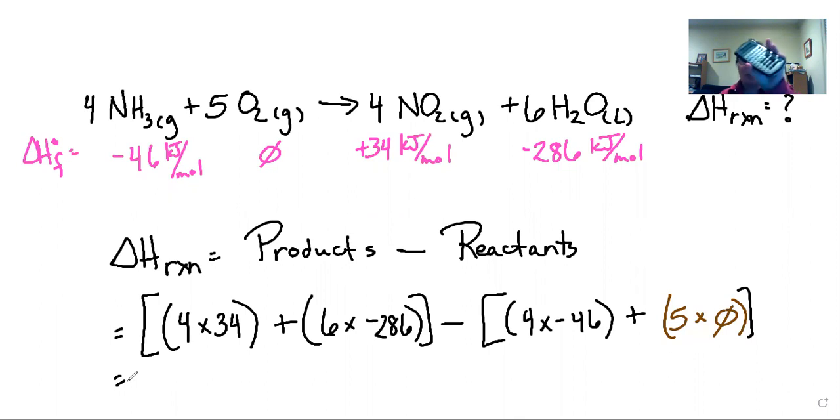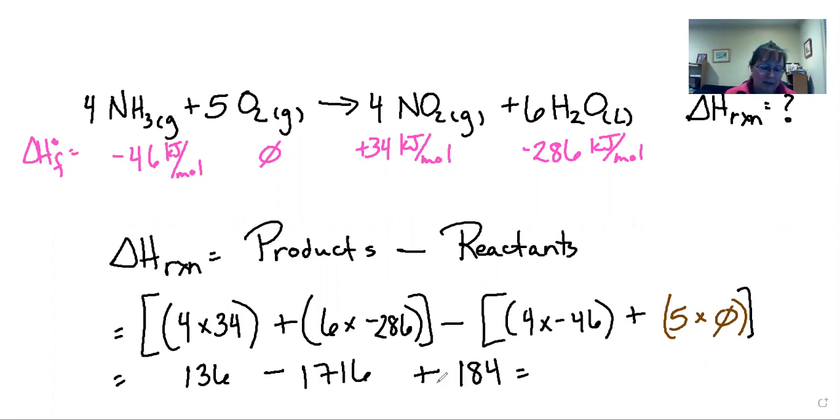Now, we pull out our calculator. Don't forget your signs. I have 4 times positive 34, and so this one becomes 136. Now here I have plus, and this is a negative, so I'm going to put in a negative there. So I have 6 times 286, 1,716. And here I have a minus, and then a negative sign, so this becomes plus 4 times 46, so plus 184.